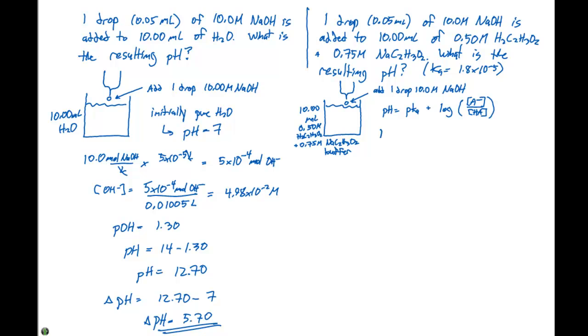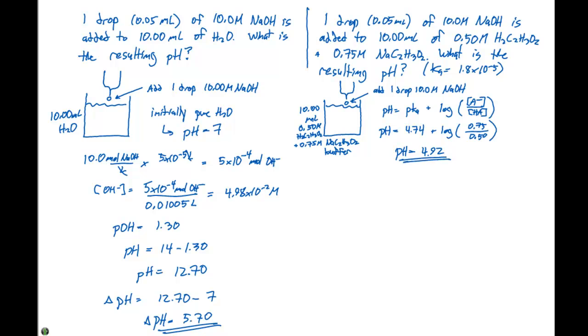The pH is going to equal the pKa, which would be the negative log of 1.8 times 10 to the minus 5, which is going to be 4.74, plus the log of the concentration of A minus, which is 0.75, divided by the concentration of HA, which is 0.50. If we calculate this out, our initial pH before adding any sodium hydroxide is going to be 4.92.